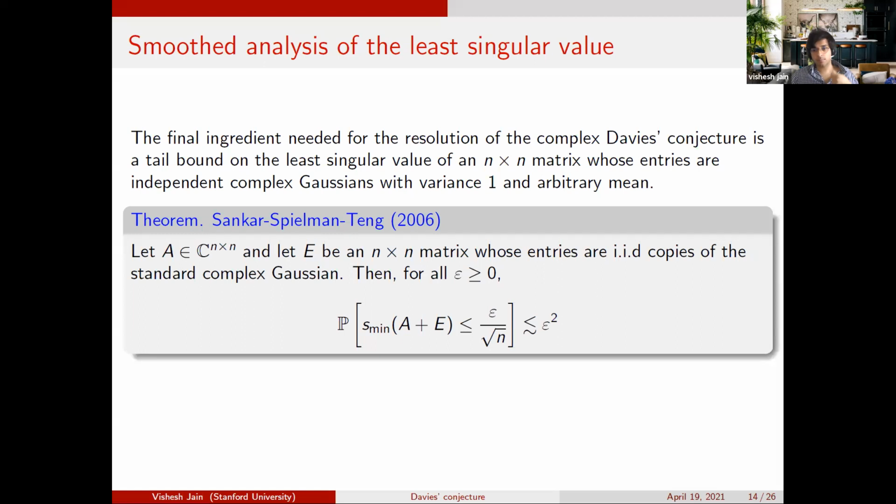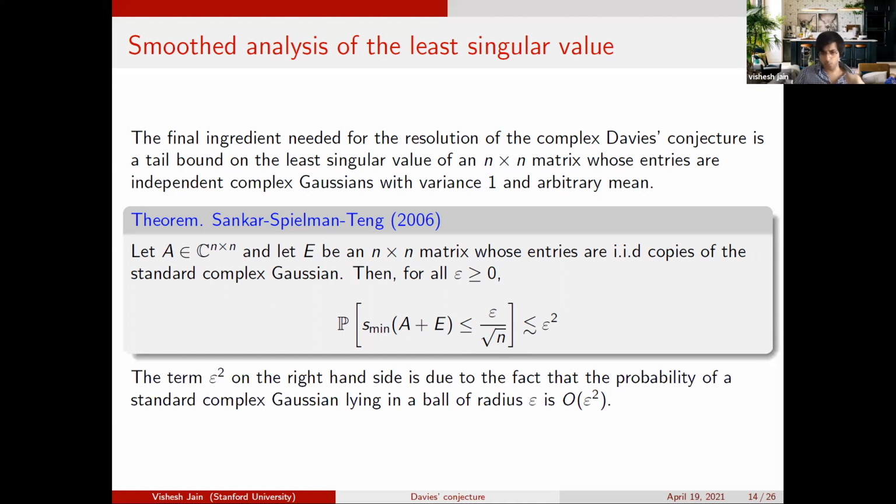But the important part of this result that is going to go into this theorem is not the behavior in n, but how the tail behaves with epsilon, right? If you're asking for the probability that the smallest singular value is less than epsilon over square root n, then the bound on the probability decays as epsilon squared, right? And this is going to be important, and you'll see in a second why.